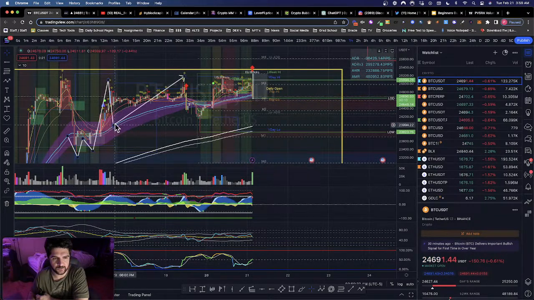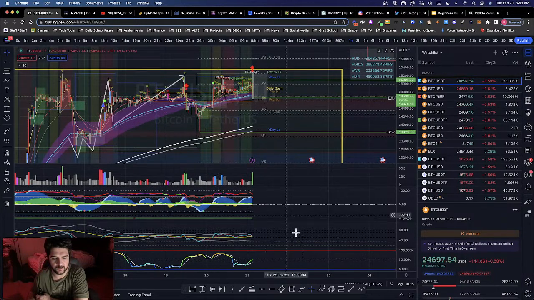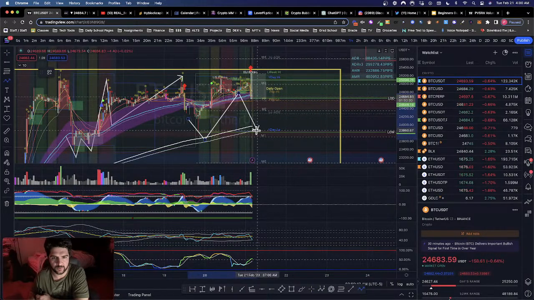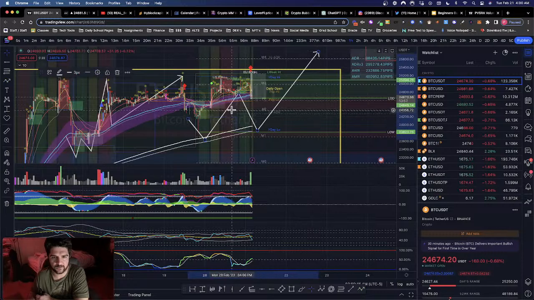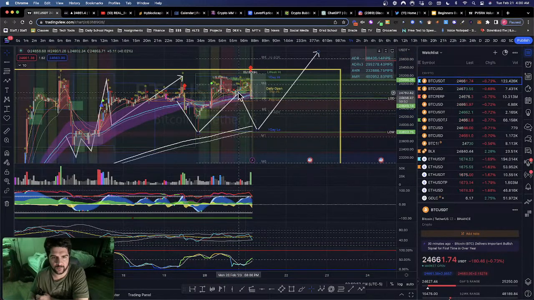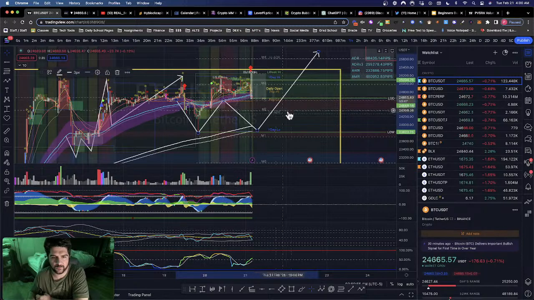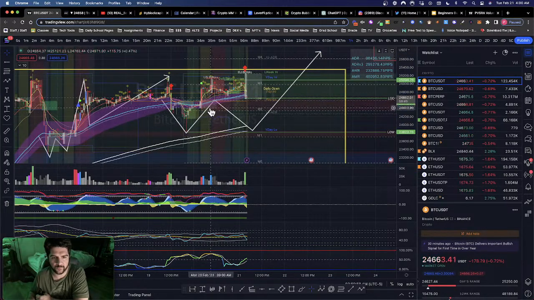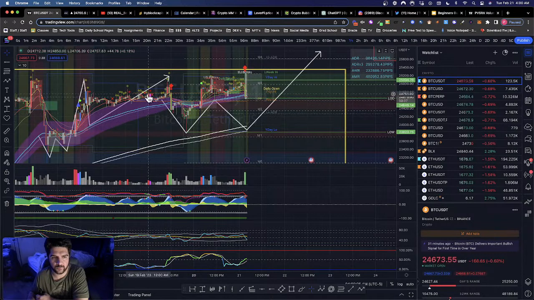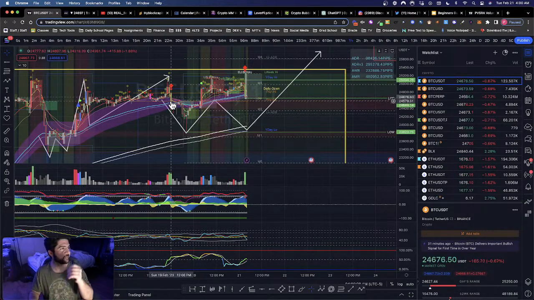Level 1, stop hunt. Level 2 would have a W. Level 2 could be this. And then we shift out. That could be. It could be. I don't know.